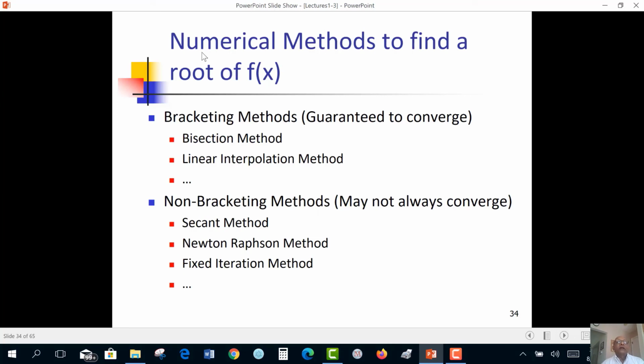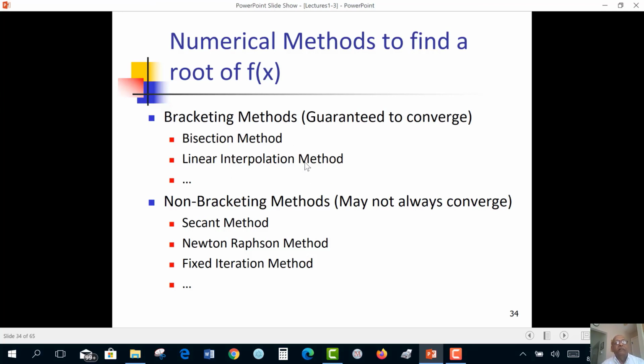Then we are going to learn real numerical methods to find the root of function f of x. There are two categories of methods: bracketing methods. Bracketing methods are such that we are always bracketing the root, so they are always guaranteed to converge. There are many such methods. We are going to cover only the first one, the bisection method.